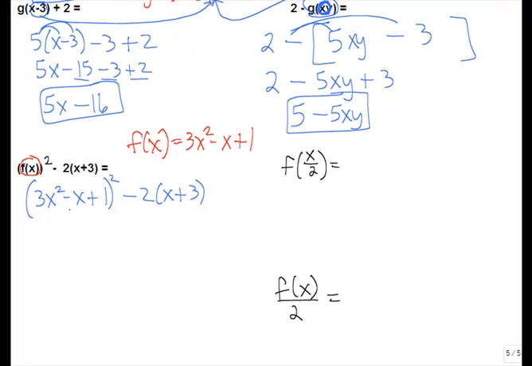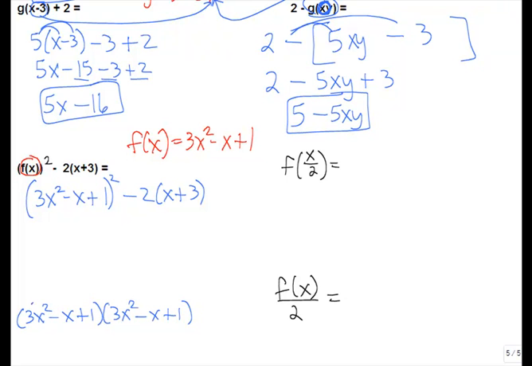And that's going to require a little bit of FOILing going on here. You might need to do a little bit of scratch work. So let me do some down here. We want to FOIL this out, so I'm going to write it side by side. And that just means we're going to be distributing. We actually have 3 terms times 3 terms, so that means we're going to end up with 9 terms.